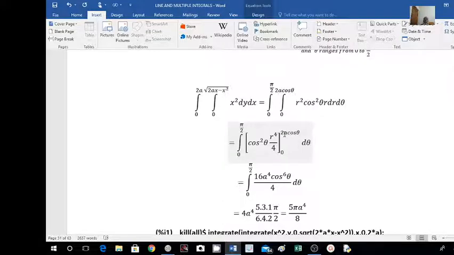If you substitute the upper limit 2a cos theta in place of r, I will get 2 to the power of 4, a to the power of 4, cos to the power of 4. 2 to the power of 4 is 16. So 16 a raised to 4 cos to the power of 4 into cos square, this is cos to the power of 6 theta d theta. Now 16 by 4 is nothing but 4, a raised to 4 as it is. Here, 0 to pi by 2, cos 6 theta d theta.